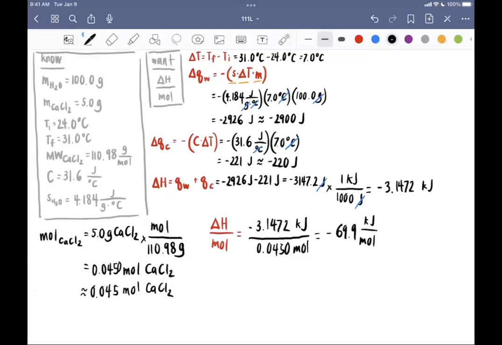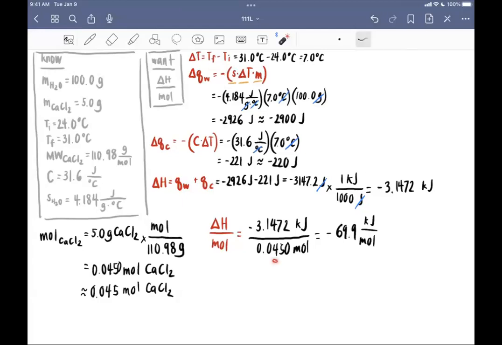Or if we take into account sig figs, if we had 2 from the original, we would report this as negative 70. But when I say the original, I'm talking about the number of moles here. We have 1, 2, 3, 4, 5 in our delta H here.